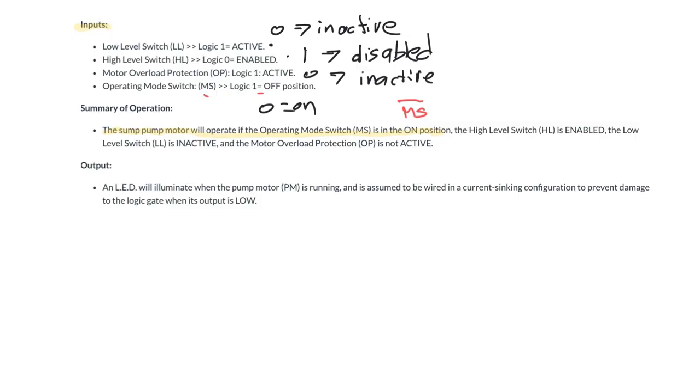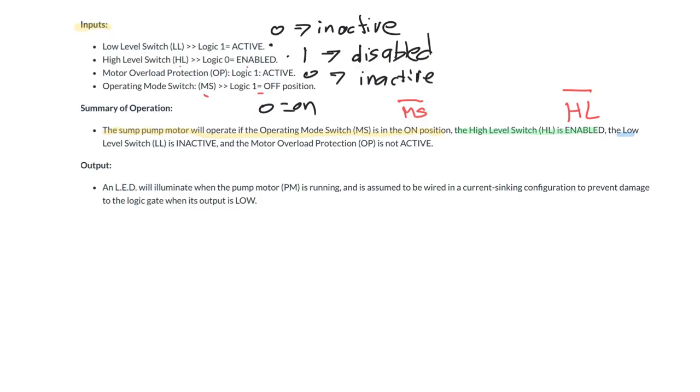And the high level switch, I want to change my highlight color here to green, is enabled. That would be high level, HL. It's enabled, so it's logic 0. So HL is logic 0. Just to recheck, MS is on, and HL is enabled.